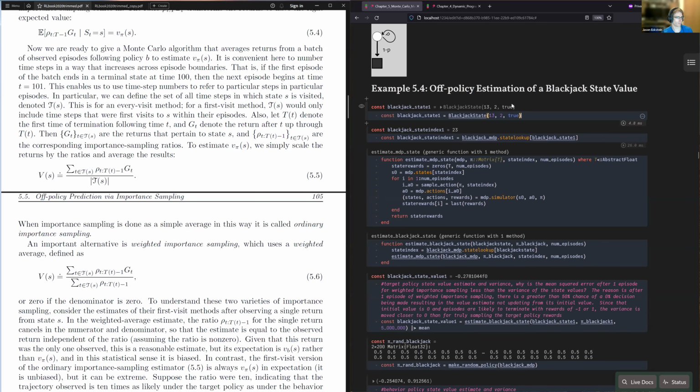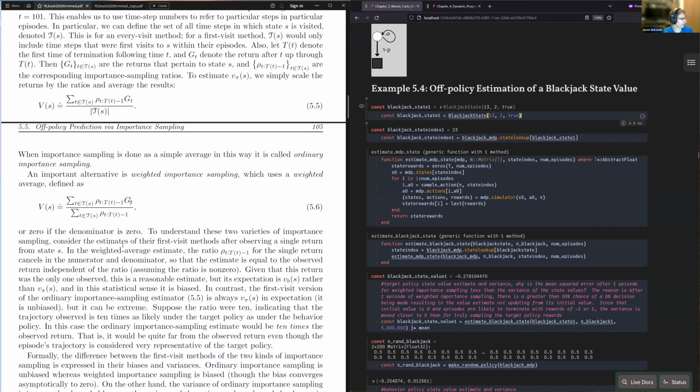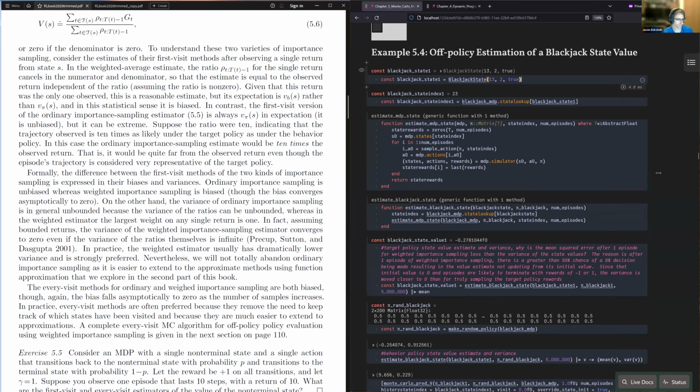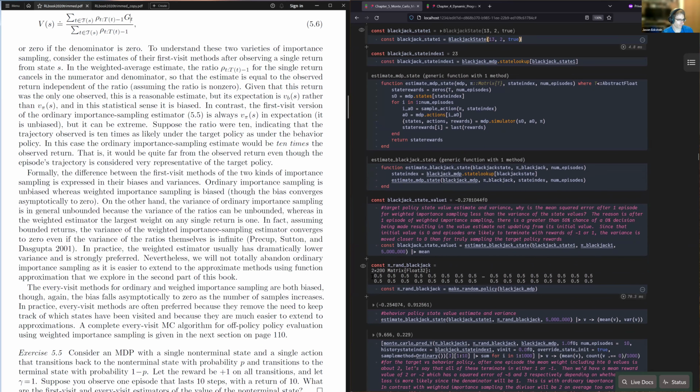So in this state, the target policy will hit. And the behavior policy we're going to use is the random policy, which just hits or sticks randomly with equal probability at every state.